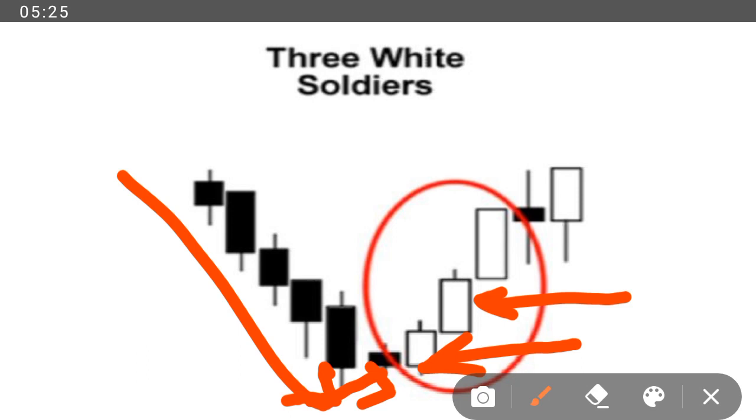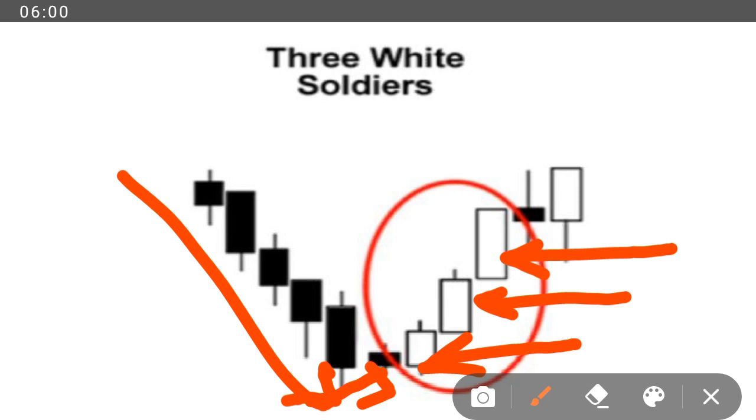Then the third candlestick, the bullish candlestick, is bigger than the second candlestick. So this is what we call the three white soldiers. This signifies that a reversal has happened. If you were selling before, it is time to take profit. It's time to close your trade and enter a buy trade.